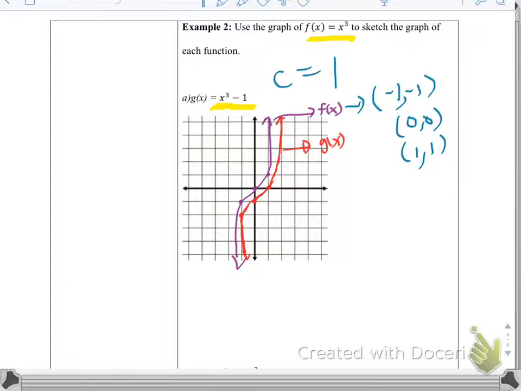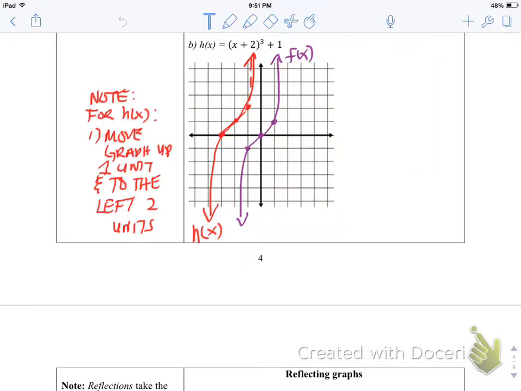If you know the points on your parent graph and you understand if your shift is up or down, you can take those points and shift them. So if you plotted these 3 points and then sketched your cubic graph, then you can just take those points and move each point down 1 unit, and there you have the graph in red, which is your g of x. Okay, I hope that makes sense.